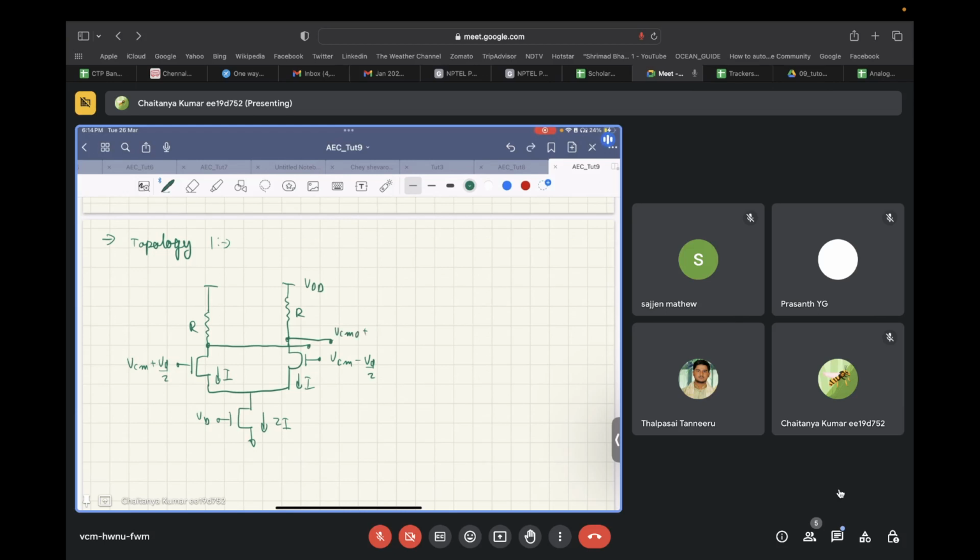We have VCMO plus VO. Can you help me determine the sign of the outputs? If this is VCM plus VD by 2 and this is VCM minus VD by 2, let's call this node 1 and this node 2. So what will node 1 have? The sign of the differential signal that is riding on it.